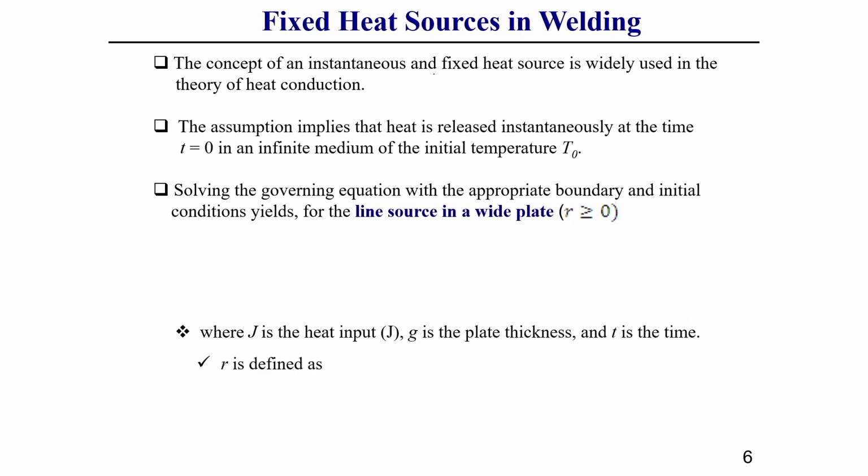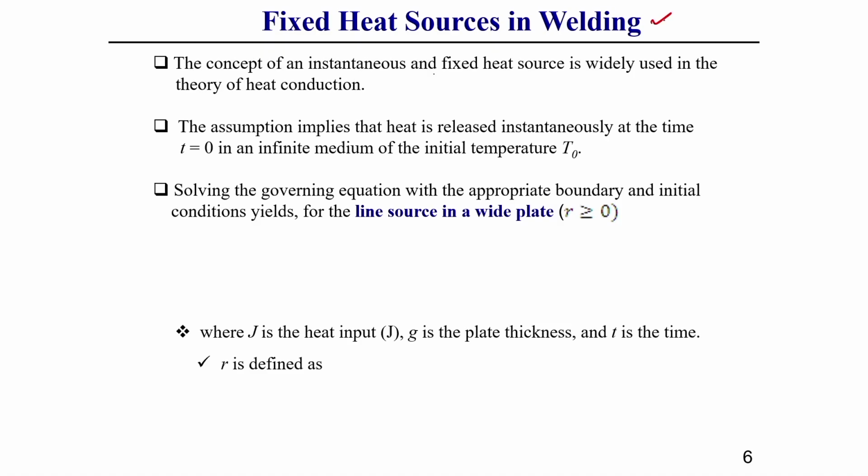Now we will discuss the governing equation I have shown. Based on this governing equation, some suitable boundary conditions which I have already discussed, and the initial condition, first of all we obtain the solution for a fixed heat source in welding.